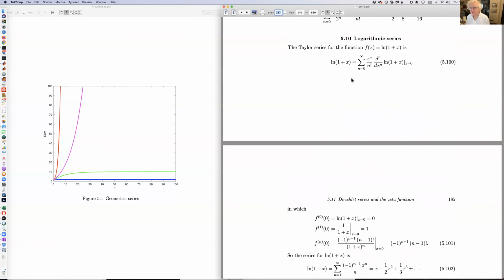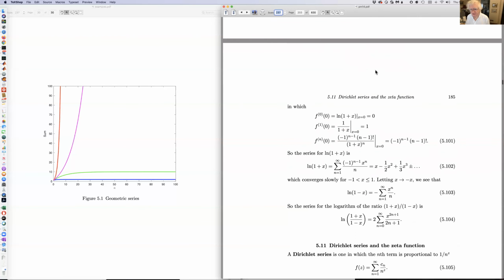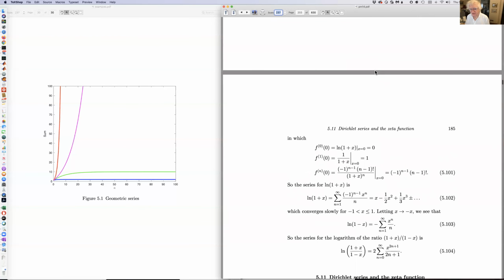Logarithmic series: if you do a Taylor series for the logarithm, what you get is the logarithm of 1 plus x. The logarithm of 1, of course, is 0, so this sum starts, for x equal to 0, at just 0. And you can see then that it's this sum here. If you let x be minus x, you get a sum that's a simpler form.